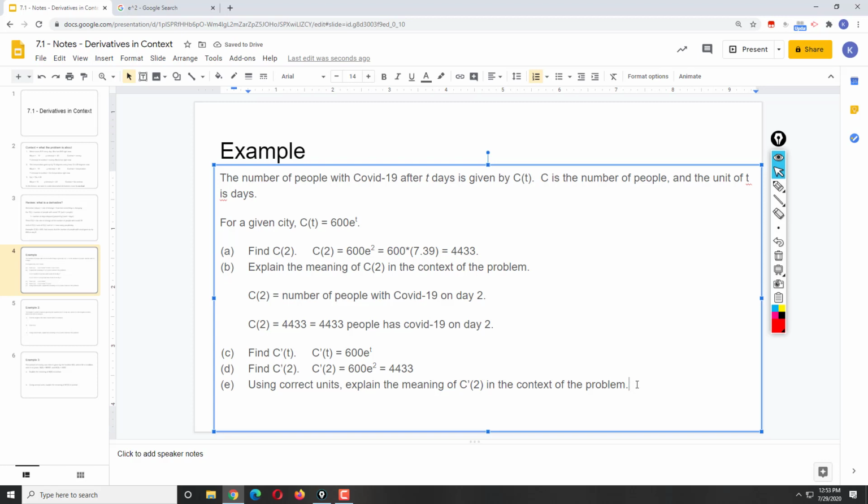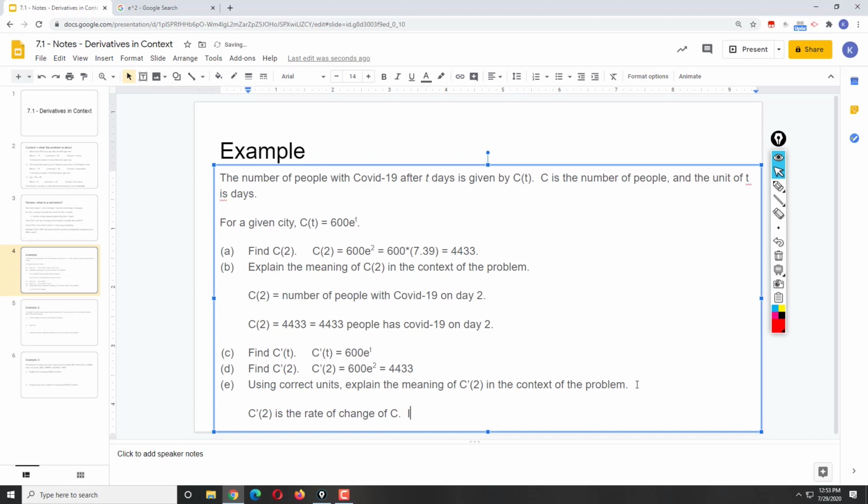Part E, using correct units, explain the meaning of C prime of 2 in the context of the problem. Well, C prime of 2 is the rate of change of C of t.